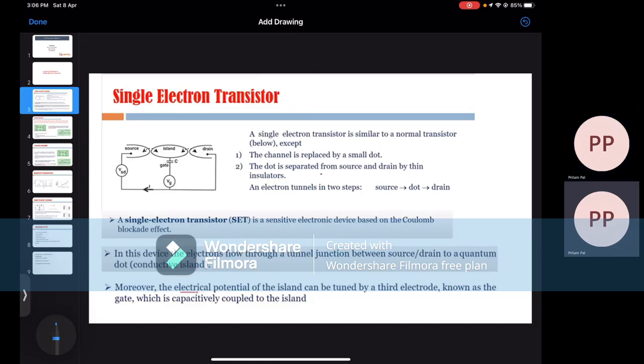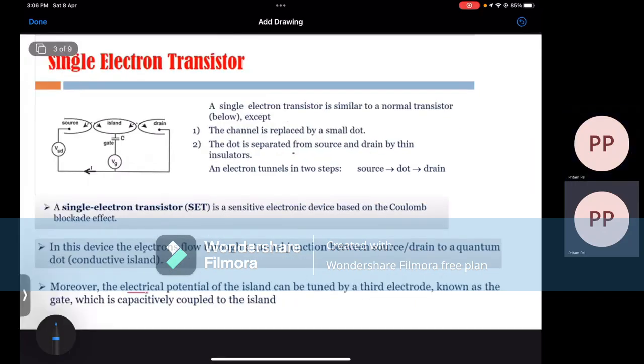Now a single electron transistor is similar to a normal transistor, but there are some special things in it. One important thing is the channel: the channel is replaced by a small dot.